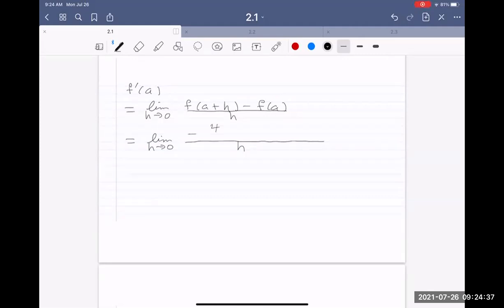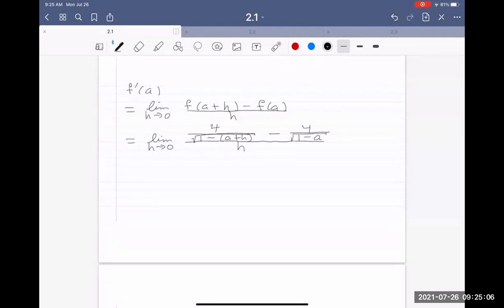So 4 over the square root of 1 minus x, so a plus h, minus f of a, and again f of x was 4 over the square root of 1 minus x. So this is 4 over the square root of 1 minus a.